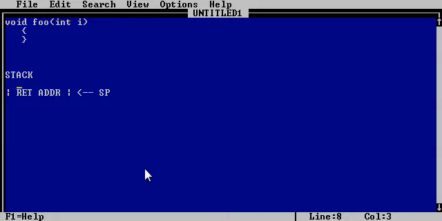Now where is that? This is one of those things where you've always got to think upside down. The value, the DX thing, was pushed first, and then the return address. So since things are going downwards, the value that was pushed before is here.